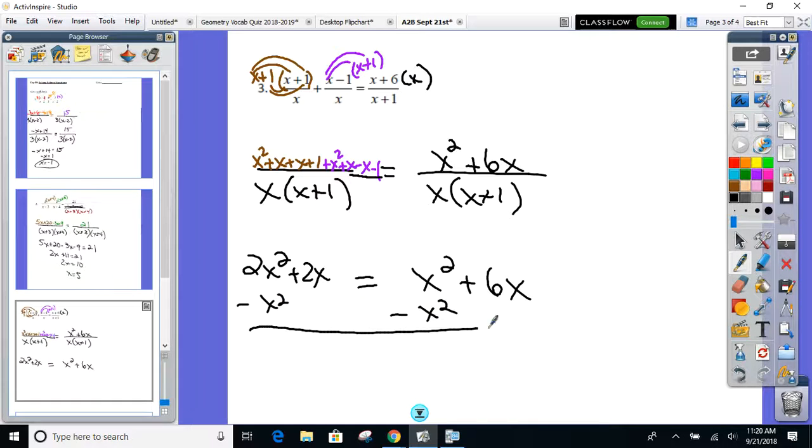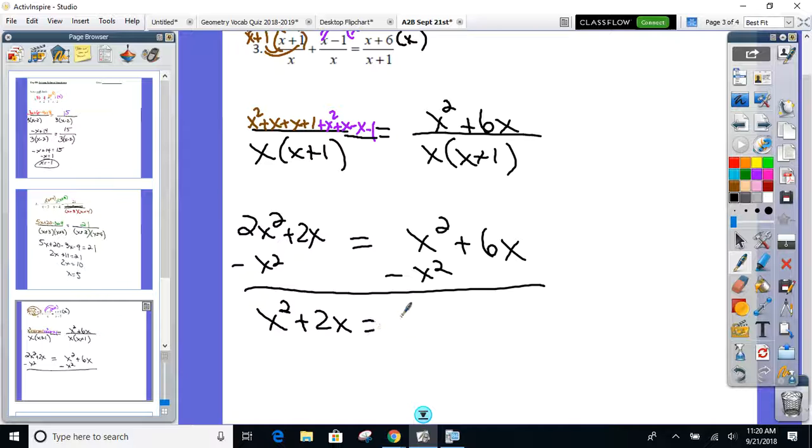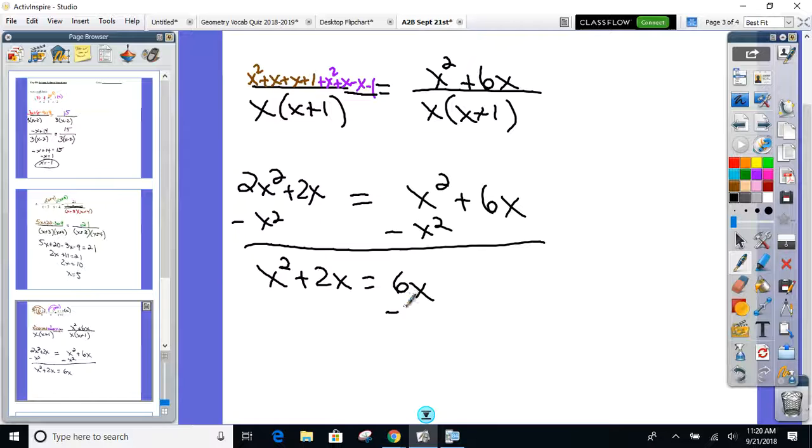Some of you could probably do it in one step, but okay, so 2x squared minus x squared, x squared. Okay, move the 6x over. X squared, what do I have there? 2x minus 6x.